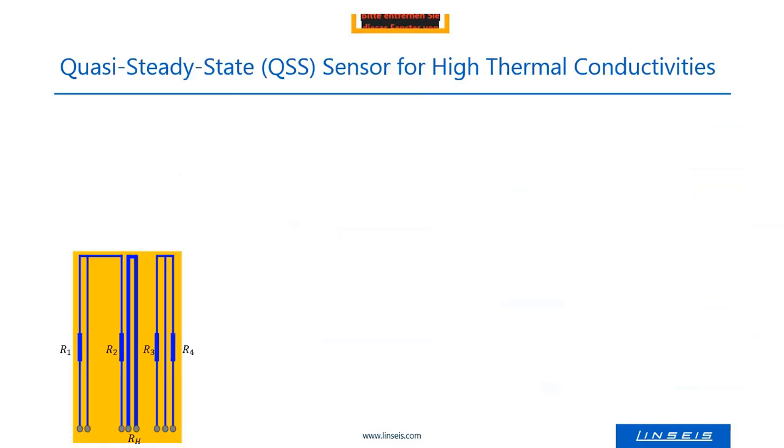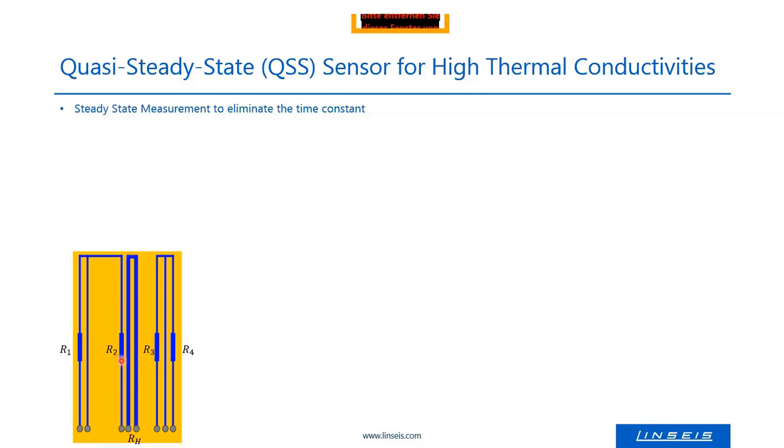To measure higher thermal conductivities, we use the so-called quasi-steady-state sensors, QSS sensors. With these sensors, we eliminate the time constant. So the setup of the sensor is a little bit different. We have a heater here in the middle.